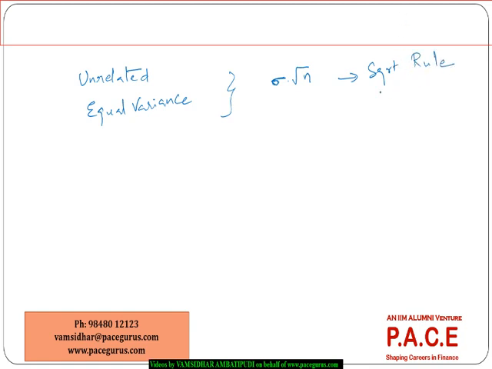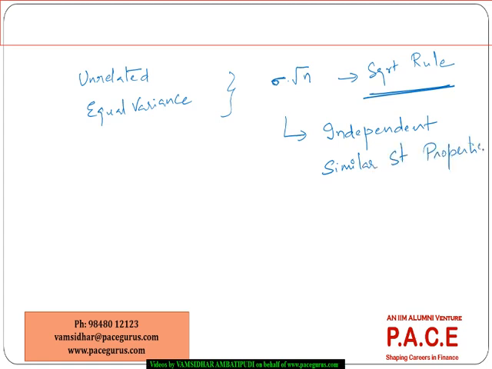So for the addition of uncorrelated variables, this square root rule can very well be utilized. And what we really observe in the world of finance is that we take so many random variables which we classify as independent and having similar statistical properties, which are otherwise called IIDs, independent identically distributed variables.